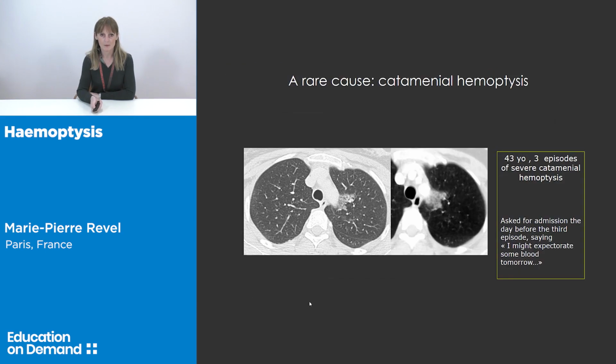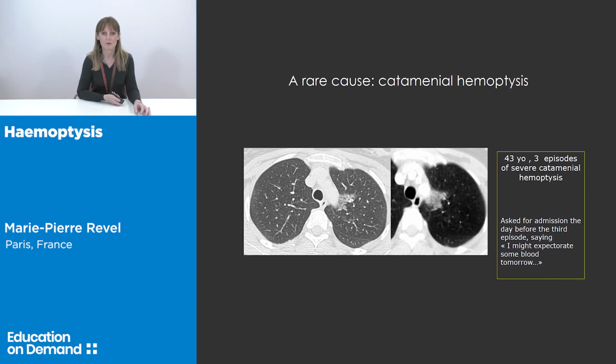A last but rare cause is catamenial hemoptysis, and I wanted to show this case that we had, very rare, a lady who had 3 episodes of severe catamenial hemoptysis, and she asked for admission at the hospital the day before the 3rd episode, saying, I might expectorate some blood tomorrow, because she experienced 2 preceding episodes, and she was right.